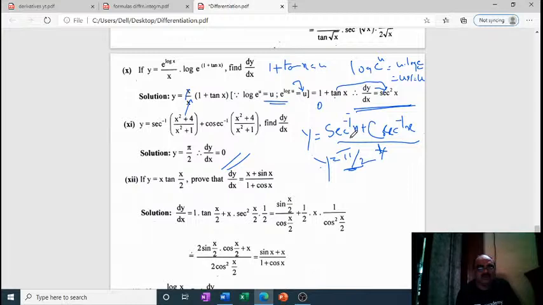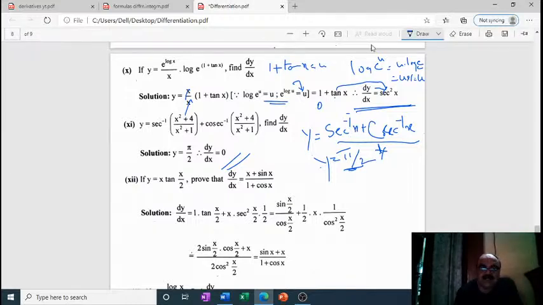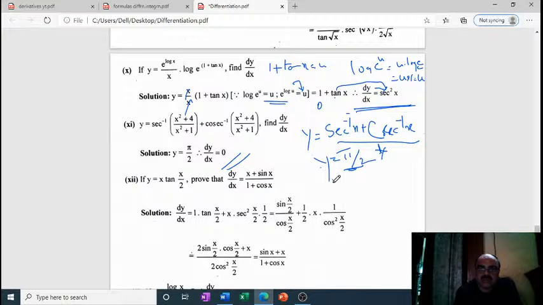Next one, please have a look at it. y equals x into tan of x by 2. We have two functions here, friends. y equals uv. It is u into v dash plus v into u dash.